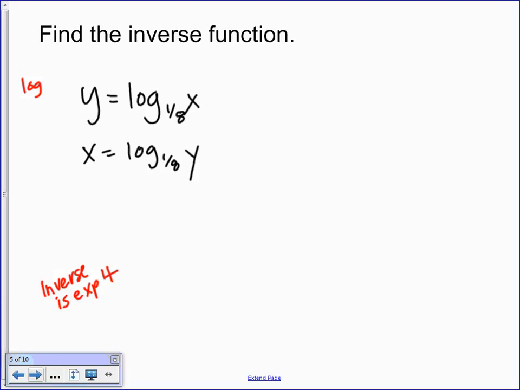So when you're at this point and there's nothing to do, rewrite it. It's in log form. Rewrite it as an exponent. Remember that when you rewrite it in exponent form, you drop the log. Okay, so the log goes away. What is the base for your exponent now?